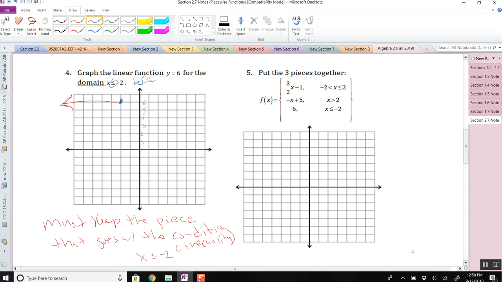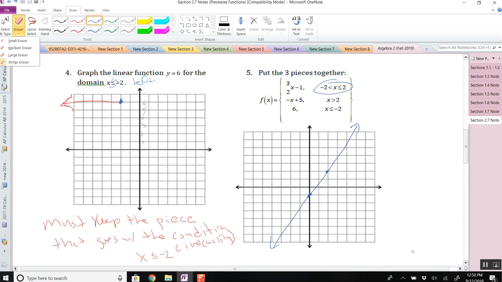So let's put it all together in example 5. So you have 3 halves x minus 1 going from -2 to 2. I'm just going to graph 3 halves x minus 1. You know that the y-intercept is -1, slope is 3 halves, up 3 over 2, connected, hooray, we got it. But it's got to be between -2 and 2.